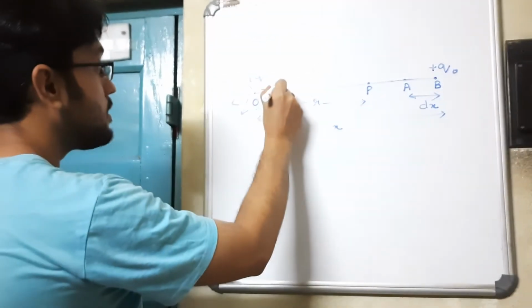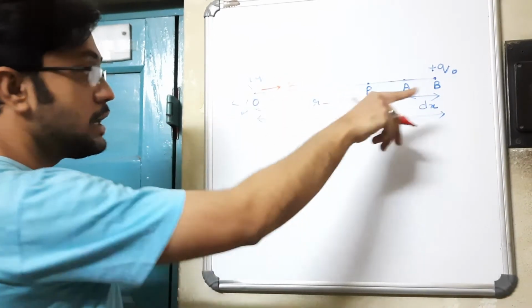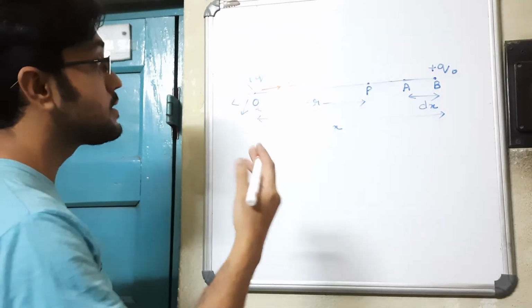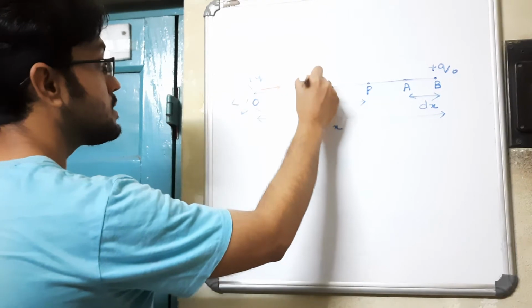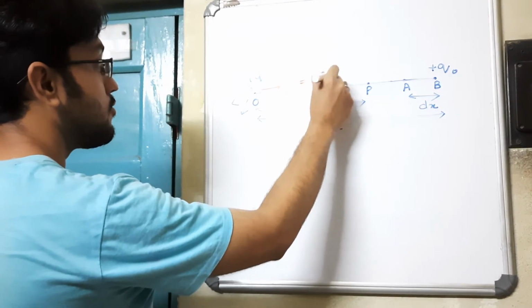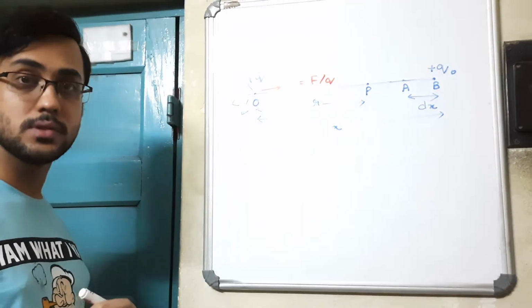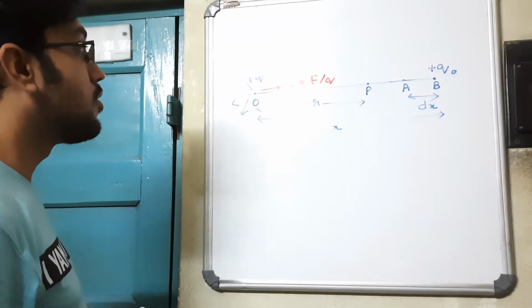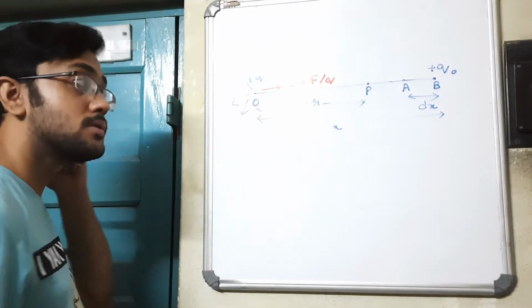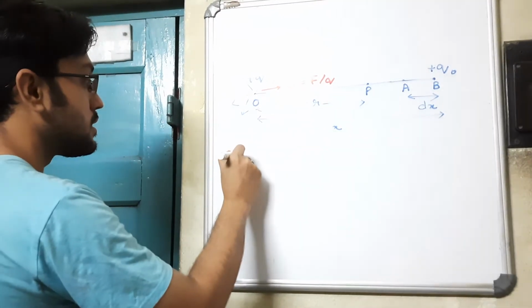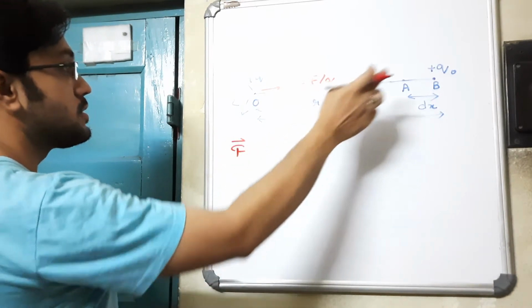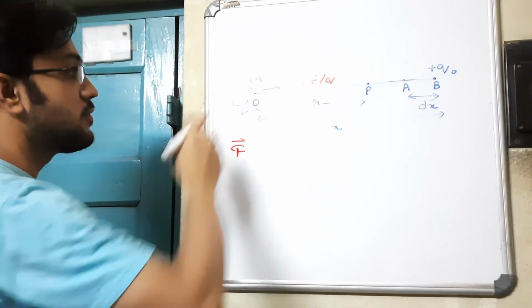So obviously there is also going to be an electric field at B, and since there is an electric field, the charge is going to feel a force F. The electric field is produced by Q, so it is going to feel a force. Now what is the force that Q naught is going to feel due to Q?